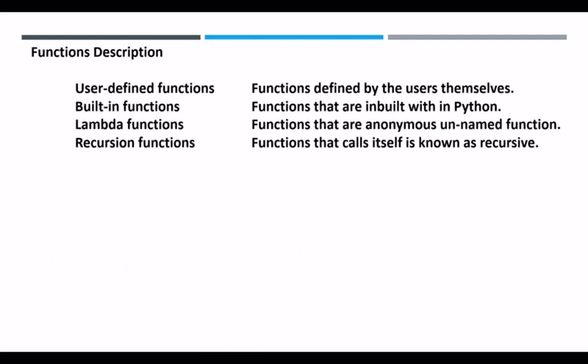First, let us see about user-defined functions. User-defined functions are defined by the users. One who creates a Python program can create a function as well. Such a function which is created by a user is called a user-defined function. The second one is built-in functions.